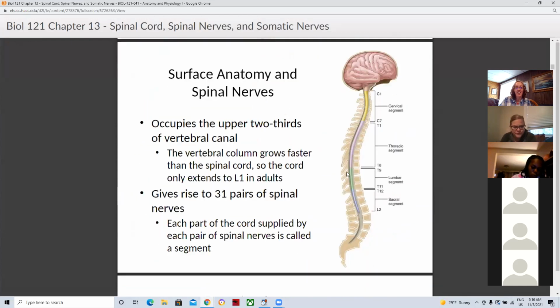I know. So it gives rise to 31 pairs. Each part of the cord is supplied by one pair of spinal nerves, which is referred to as a segment. At the very end, we'll talk about intersegmental reflexes, so that's important at that point.